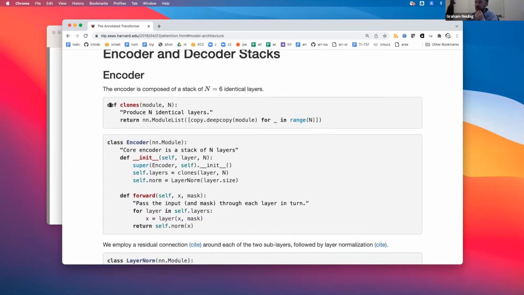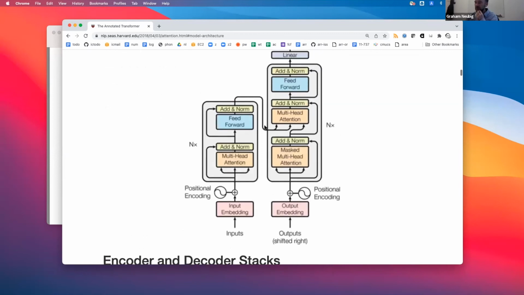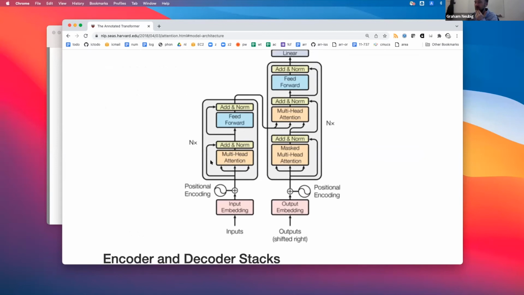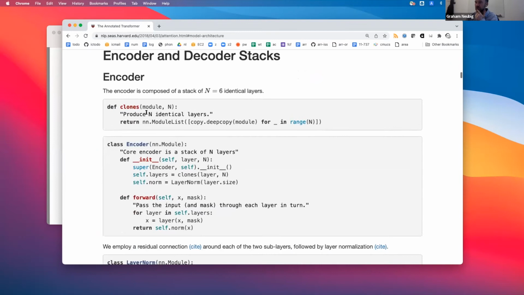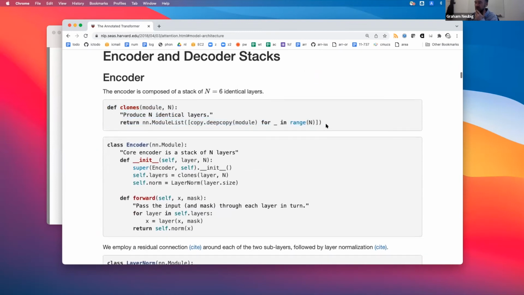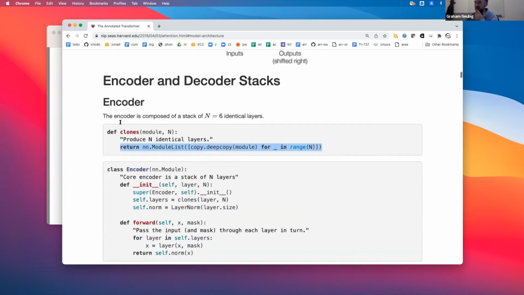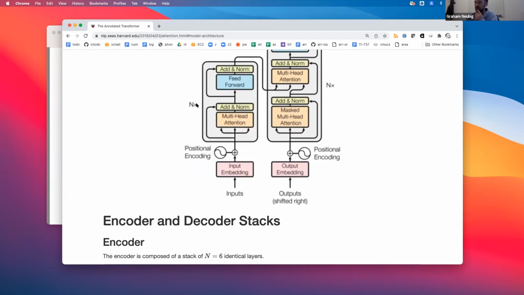And one other feature of the transformer is basically we have n times this encoder block and decoder block. So this method here produces n identical layers. It copies each module, so you get n of them. That allows you to do the Nx here.